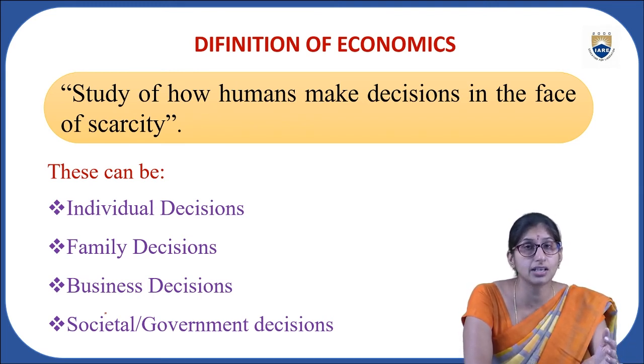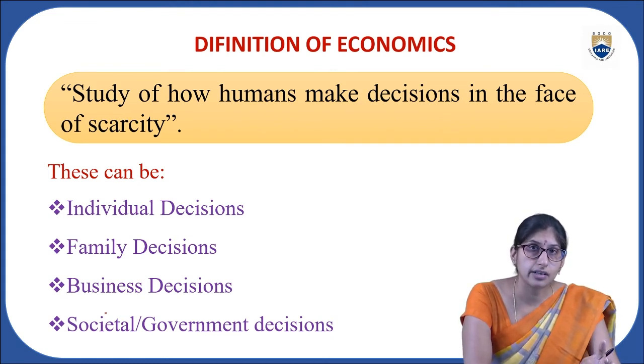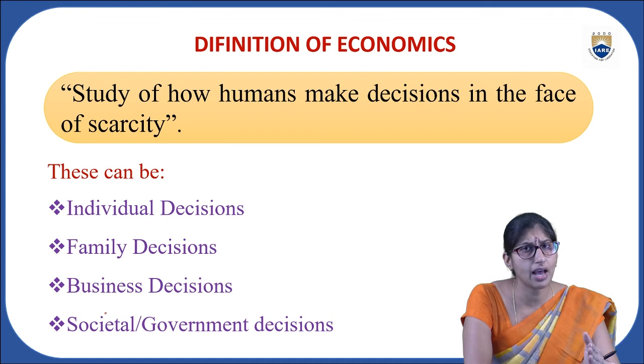So how each individual or each person is going to take decisions at the time of scarcity. When there is scarcity, because we have unlimited wants, but we are going to deal with limited resources.